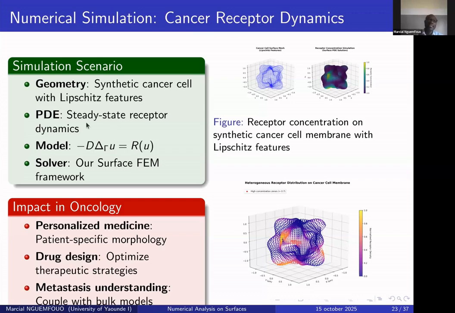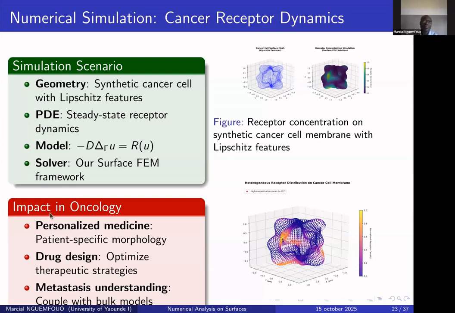And for the PDE, I chose a steady state receptor dynamic. We have here a model and we apply a surface finite element to have this result. The red zone here is the high concentration zone. This is a heterogeneous receptor distribution on the cancer cell membrane.